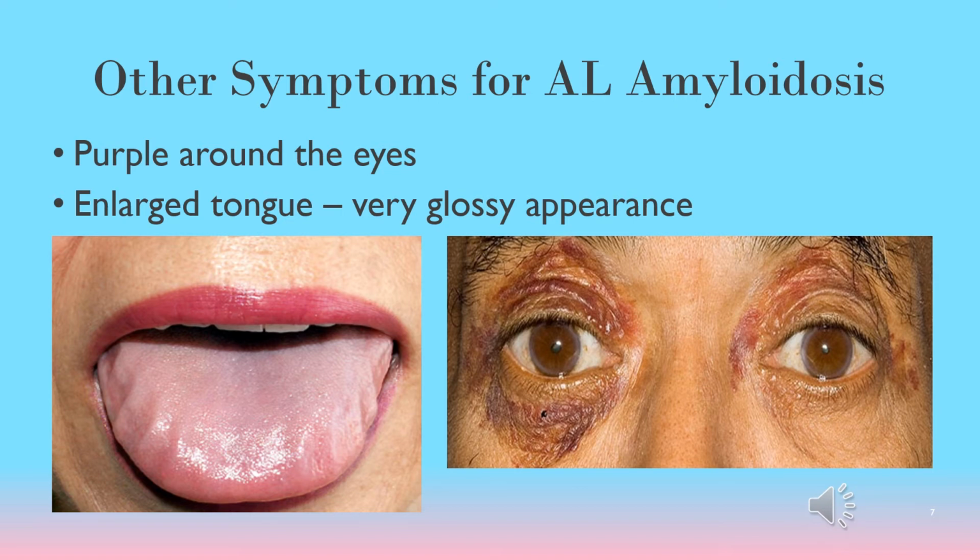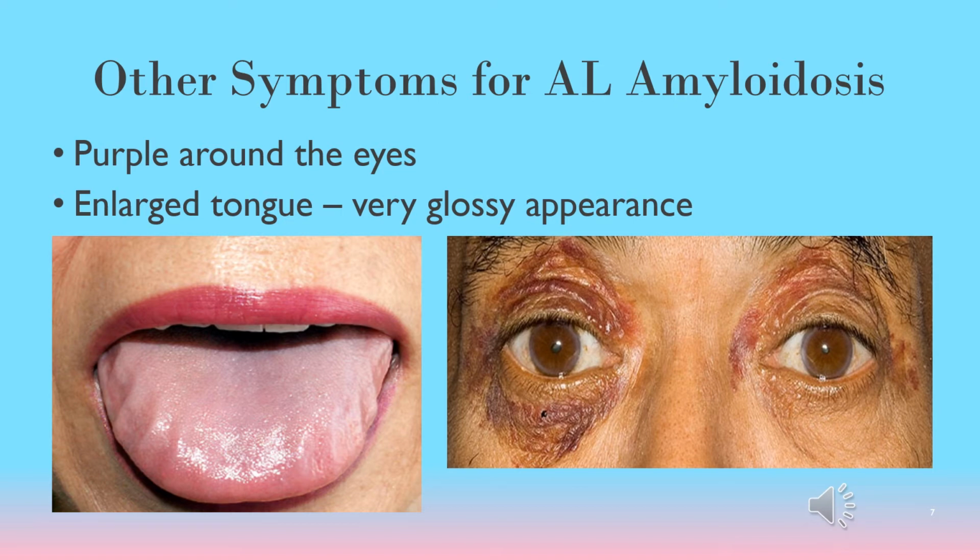Now, another thing to look for is if you see somebody that has an enlarged tongue that has a very glossy appearance. This is another symptom that's kind of not one that you would think about very much as far as being a sign of amyloidosis.